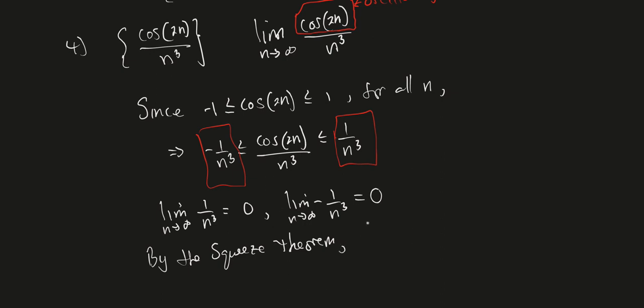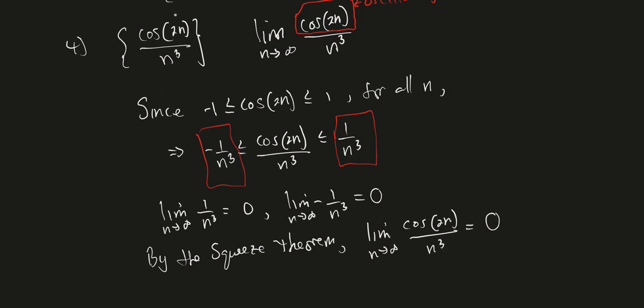So by the squeeze theorem, the limit as n goes to infinity of the function that's in the middle has to be 0. If the upper function and the lower function both approach the same number, then the function in the middle is squeezed in between them. So that middle function also has to approach 0.